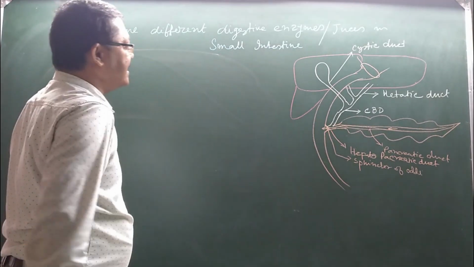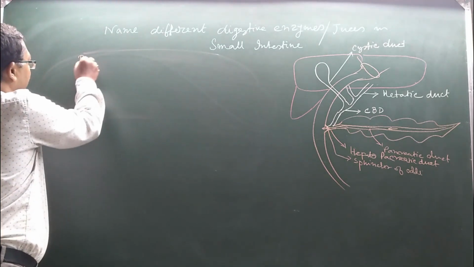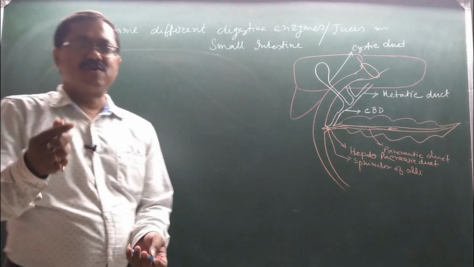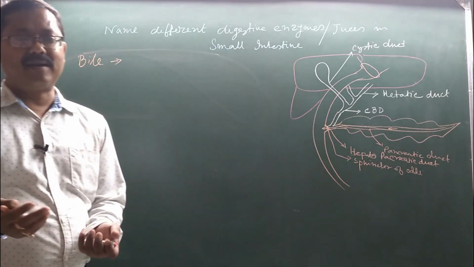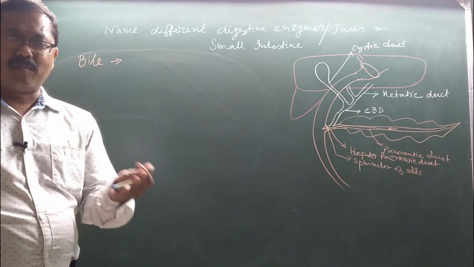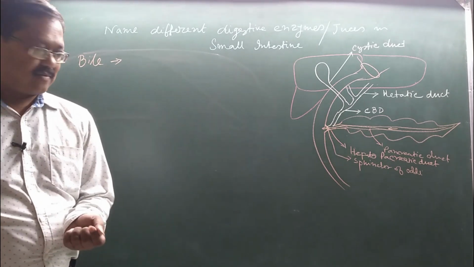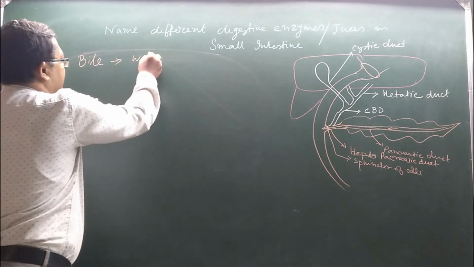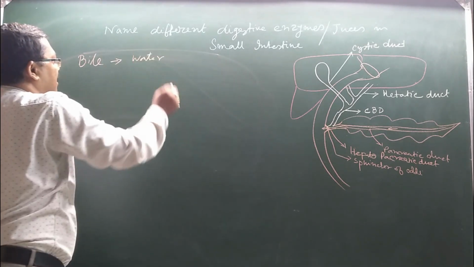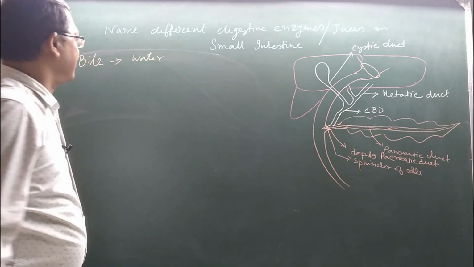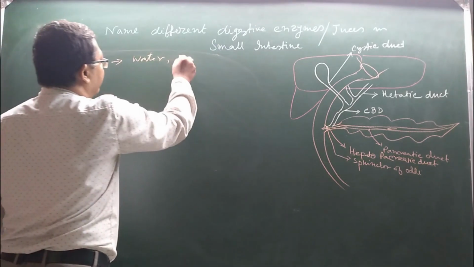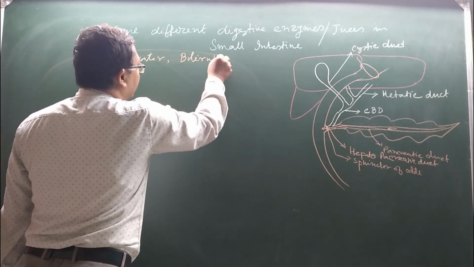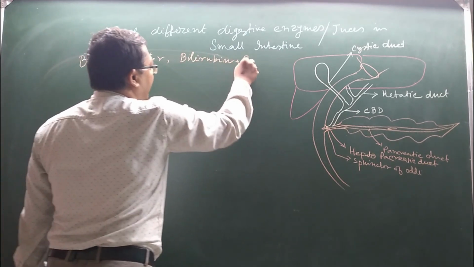Then the first topic is the bile. Generally, bile secretion in our body is 700 ml to 800 ml, and the main composition is water. It's a watery fluid; the majority of the bile is water. Then it contains bilirubin and biliverdin.